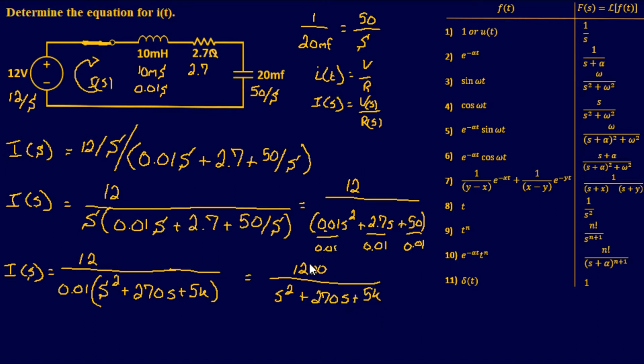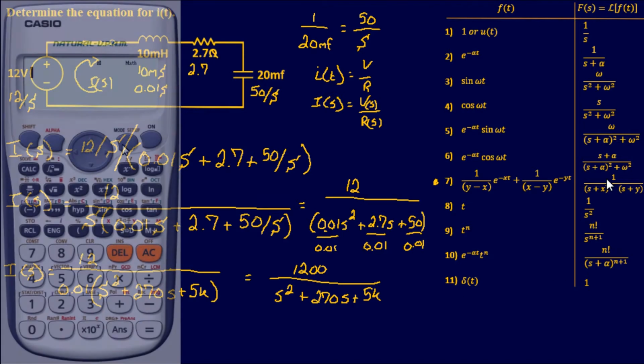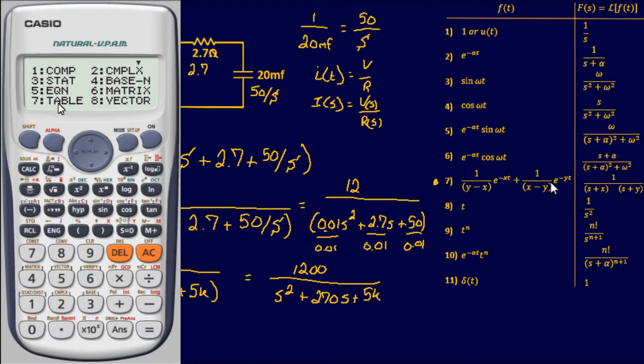Now the last step I want to do is see if I can take this equation and try to have it mimic something over here. Well, looking over here, the one that could probably do it is this one right here. I could probably find the quadratic roots of this equation, and I can use those roots to convert it back to the time domain. So I'm going to take my calculator, use the equation function, and plug this into the equation function, and that should give me my roots.